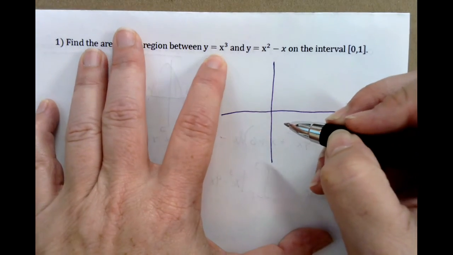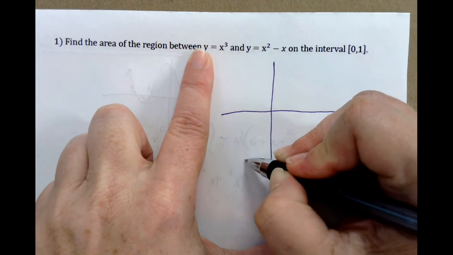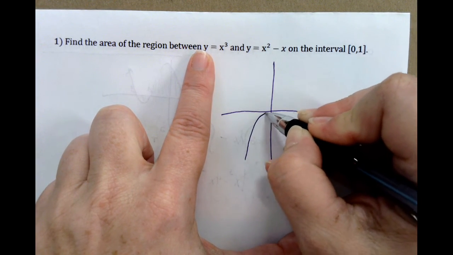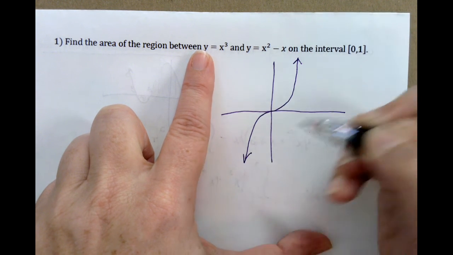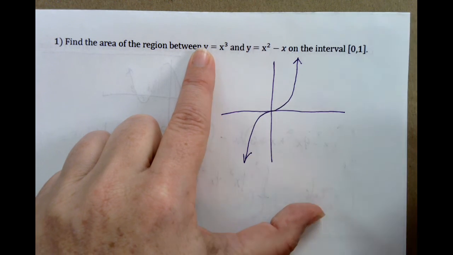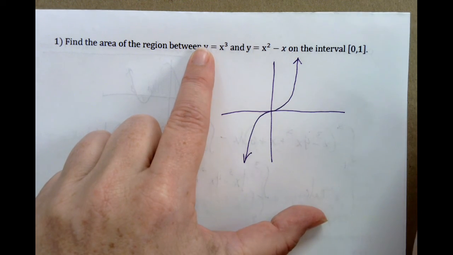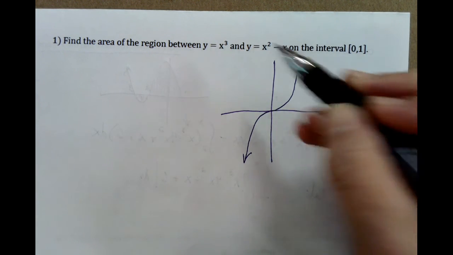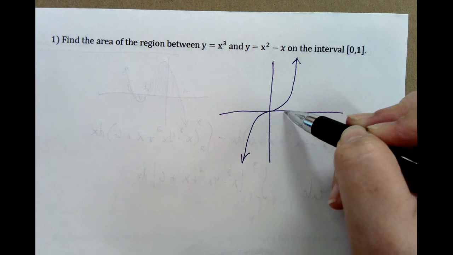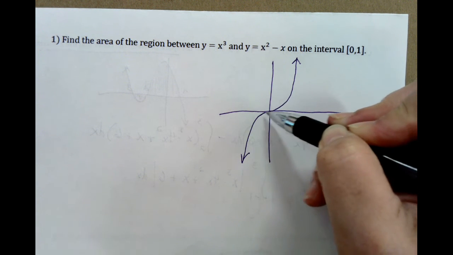Y equals x cubed. If you recall, that basically looks like this. It is not the most ideal graph, because I know that x cubed goes through (1, 1) and (-1, -1).